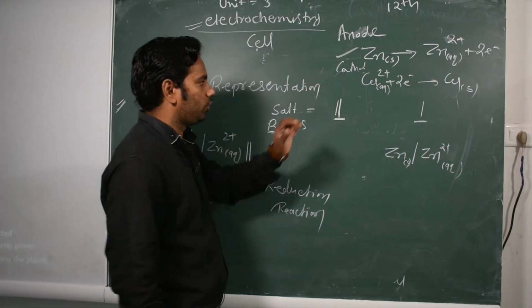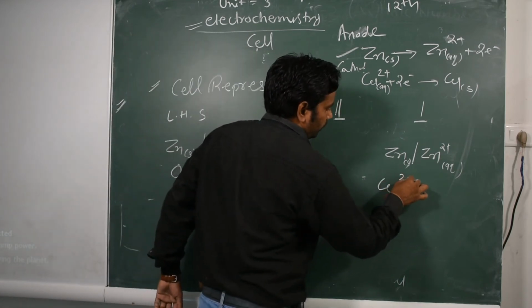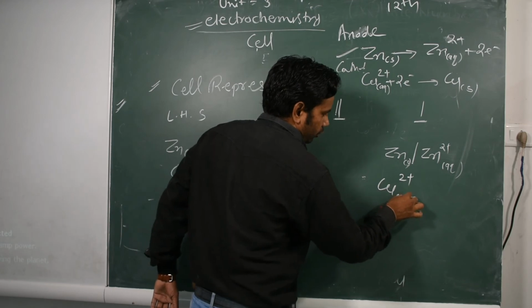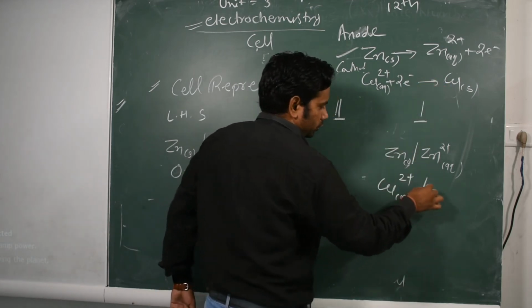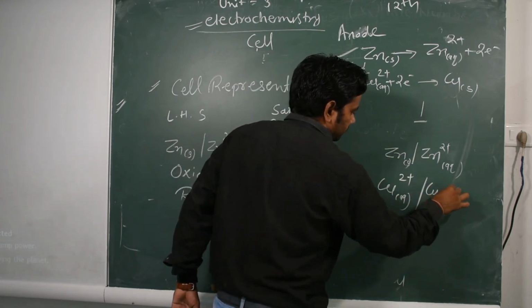Then the cathode: Cu2+(aq) converts into Cu(s).